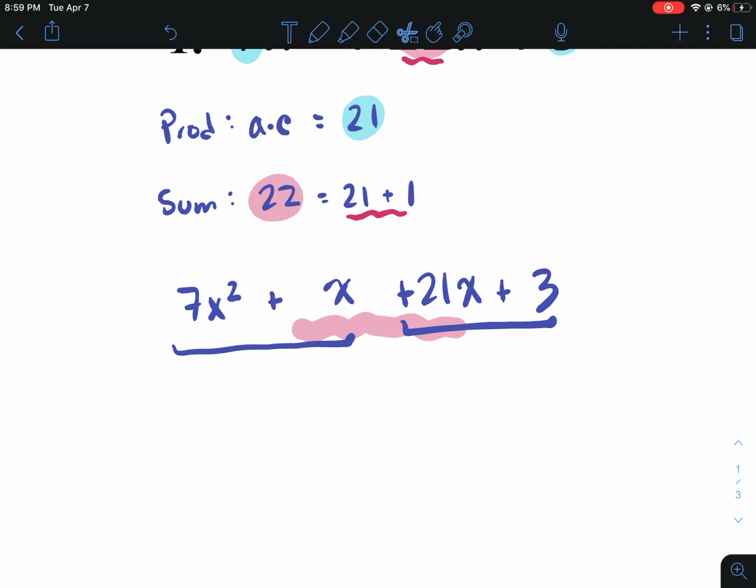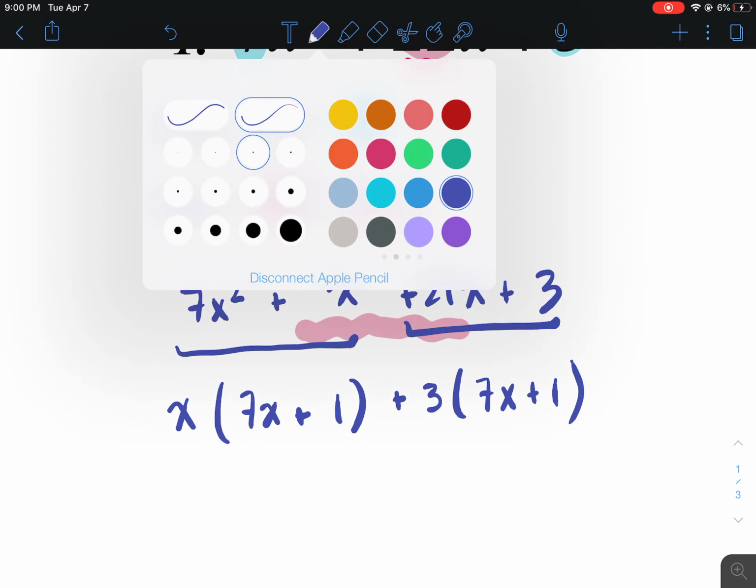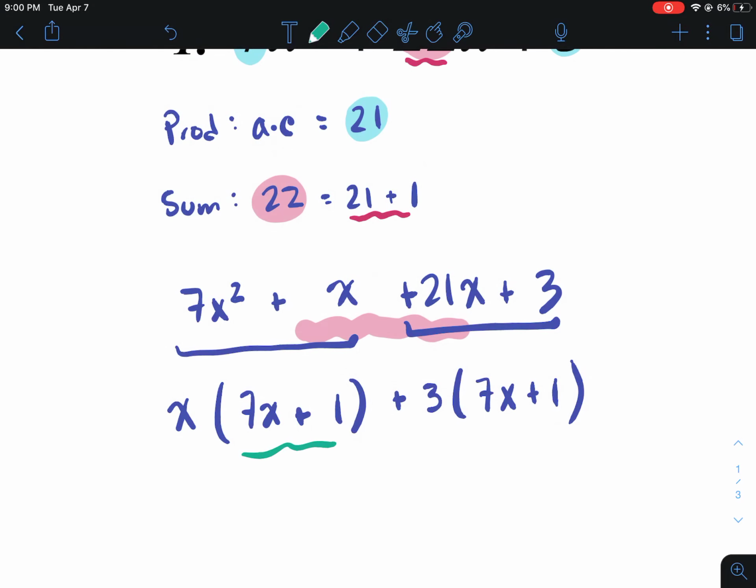So GCF of 7x squared and x is going to give us x times 7x plus 1. Now the GCF of 21x and 3 is 3. If I factor out that 3 for these last two, I also get a 7x plus 1. So we now have a binomial GCF of 7x plus 1.